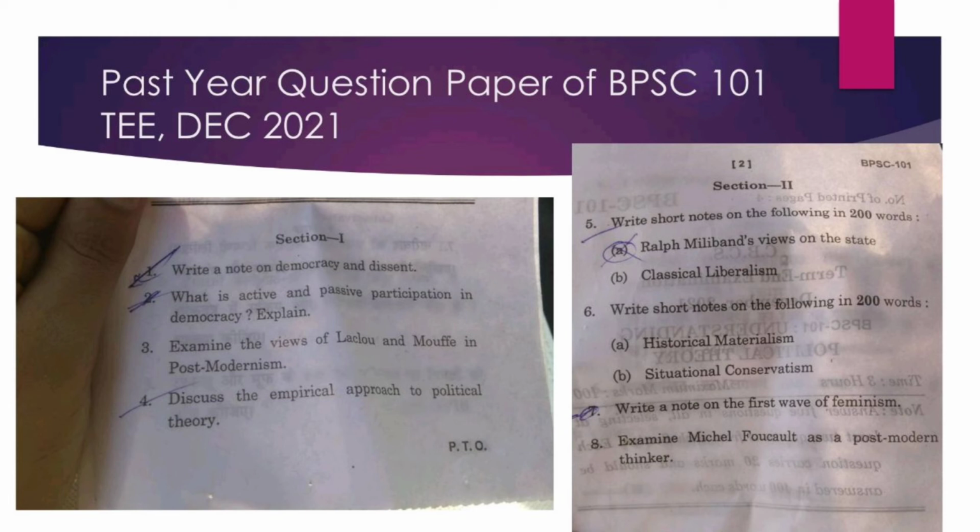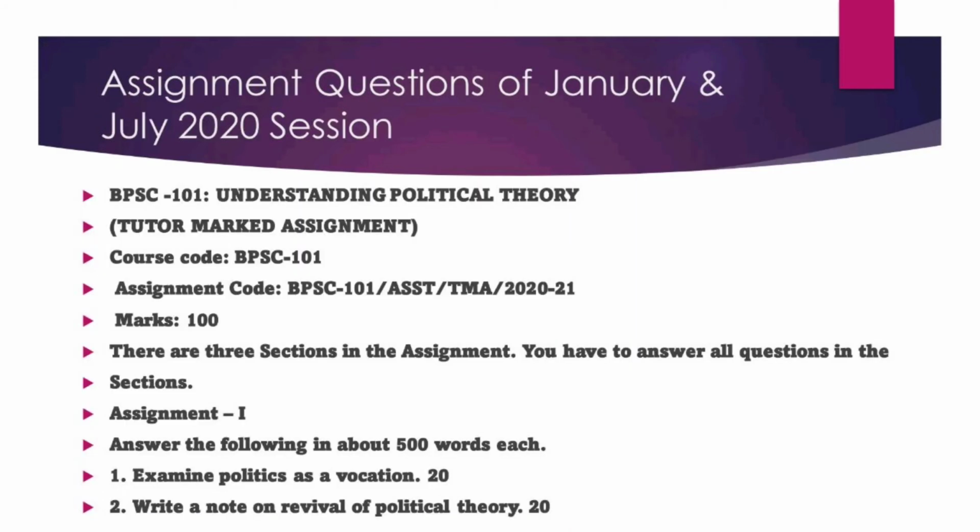And this was the second previous year question paper of BPSC 101. Only 2 exams were held for BPSC 101, or you can say the BA Honors Political Science first year exam. So only 2 question papers are available for you for BPSC 101 or first year students.